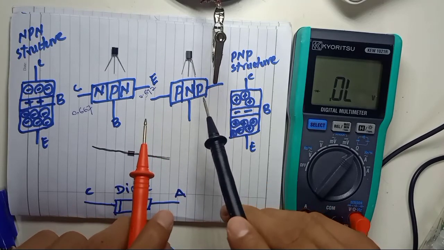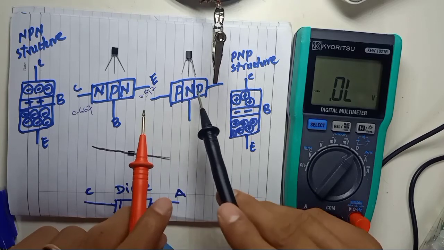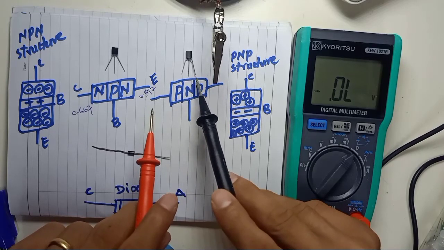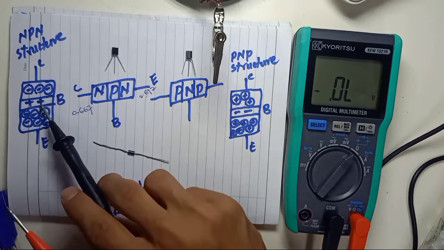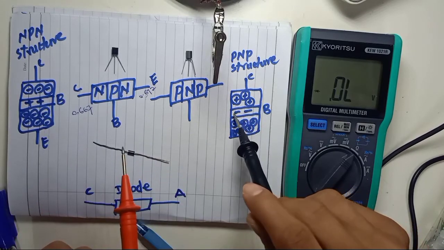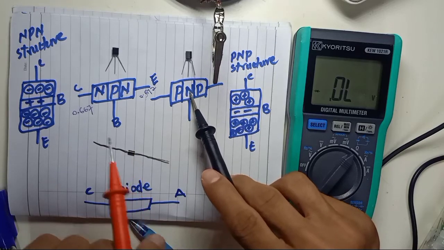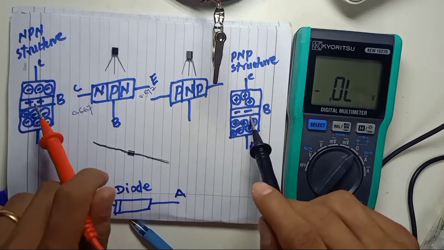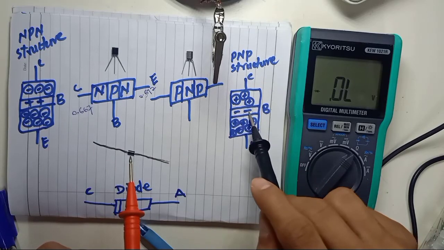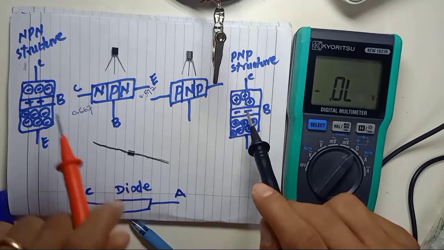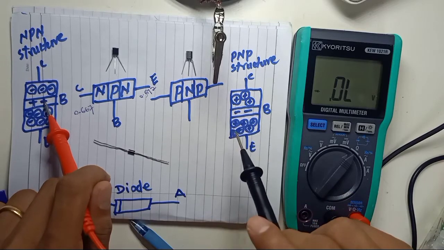And we want to know which side is emitter and which pin is collector. The structure is the same, but the N junction and P junction will be different. For this PNP transistor it is an N junction in the middle, while for an NPN transistor it is a P junction.